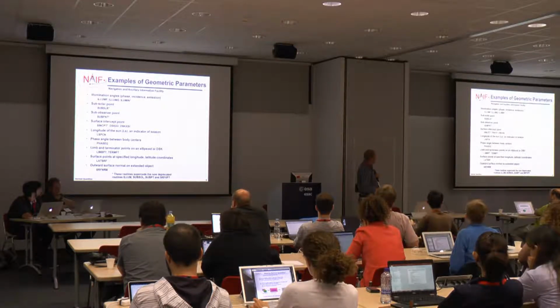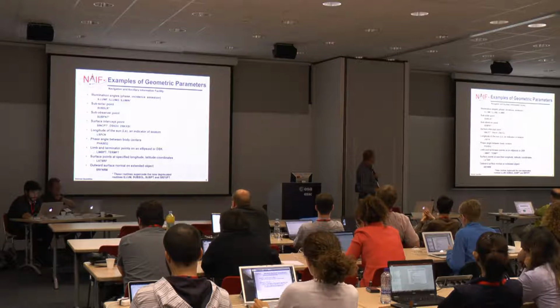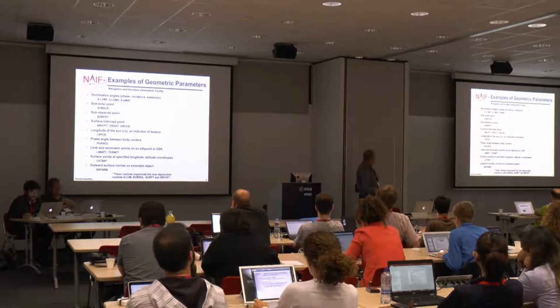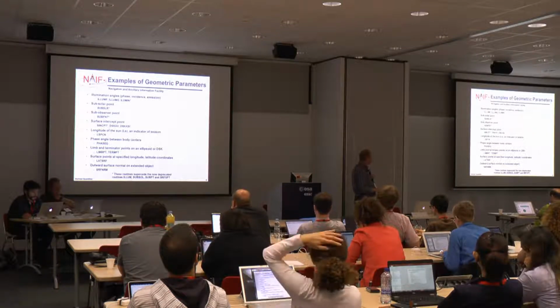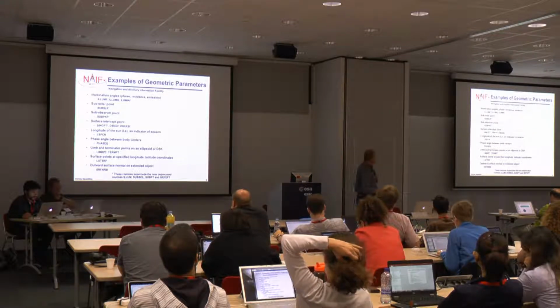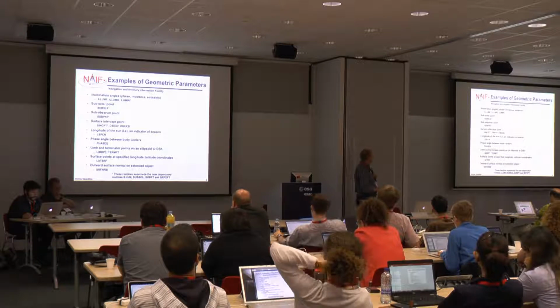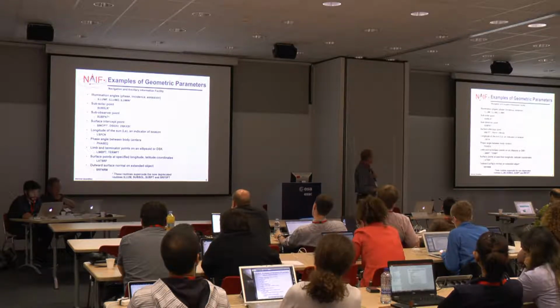But there are two special routines that are faster. They can do it just for DSKs: dskxv and dskxsi. This one simply computes intercept points, but this one also returns the data about the file and segment from which came the plate based on which the computation was done.